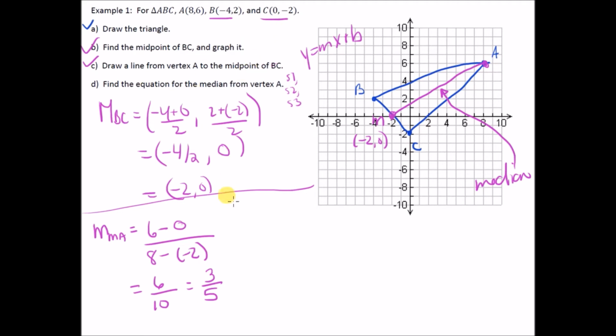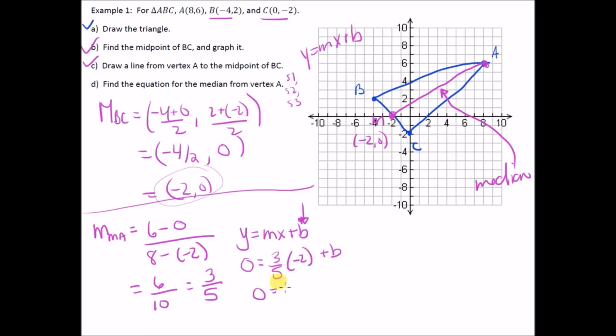Now, step 2 is find the coordinate of B, right? The y-intercept. So we want to plug in either one of these points. I'm going to pick M because it has a 0 in it, and that is always easy. So 0 equals the slope, 3 over 5, times x, which is negative 2, plus b.